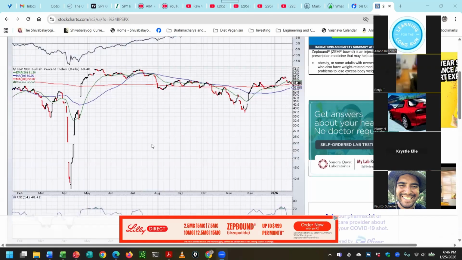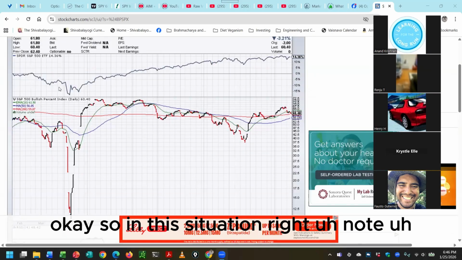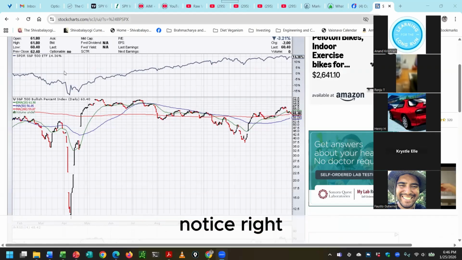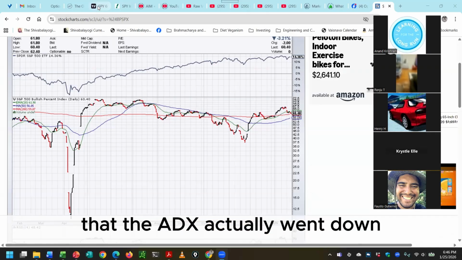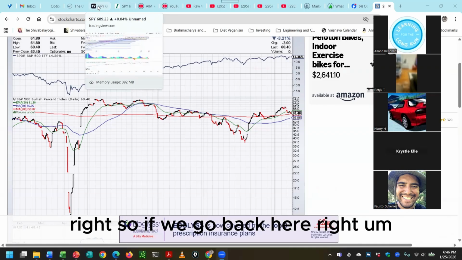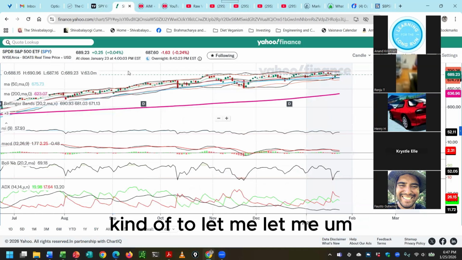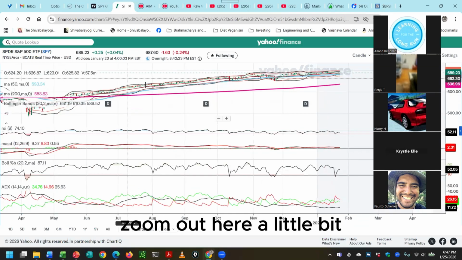So when you see this happening, in this situation, notice that the ADX actually went down. If we go back here, let me zoom out a little bit.